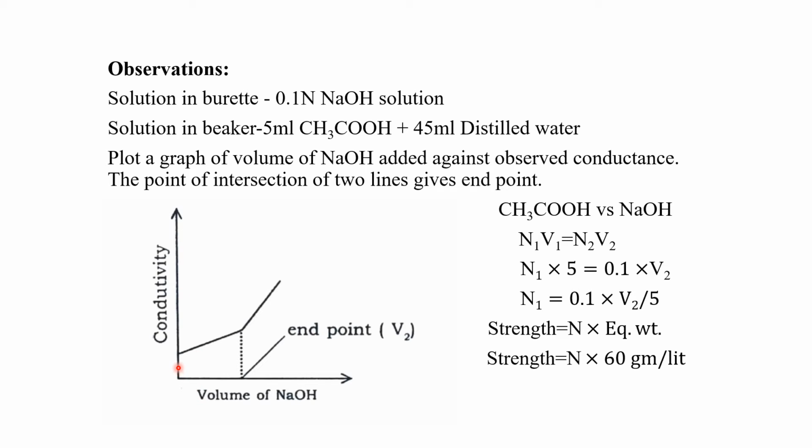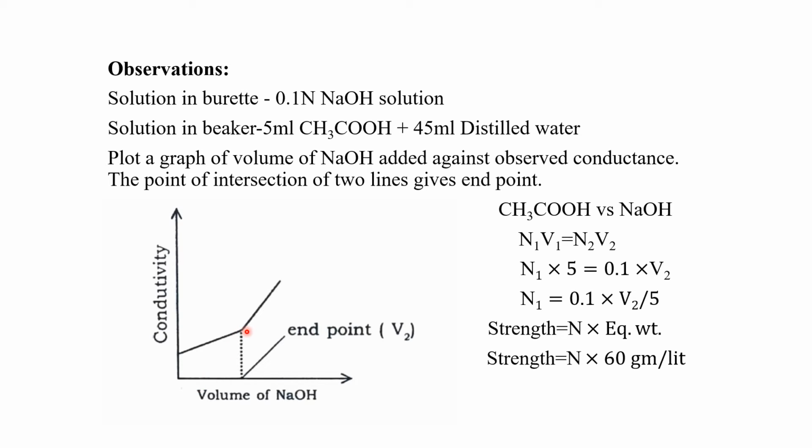Initially, as acetic acid is a weak acid, the conductance value is very low. But after addition of NaOH to the solution, the conductance value increases slowly. This is because fast moving sodium acetate formation takes place.